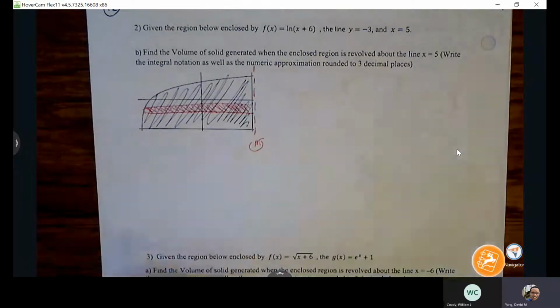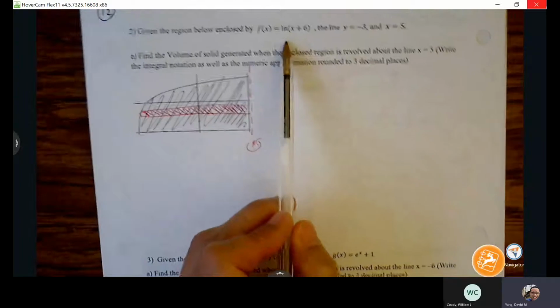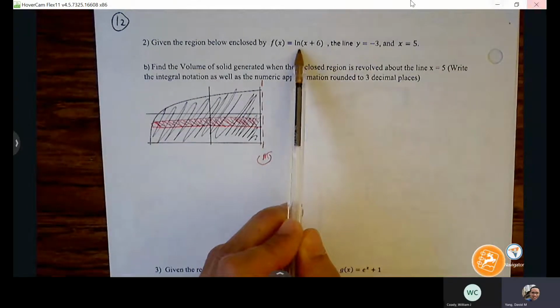Anytime you see a horizontal radius, that's a hint that your equation needs to be rewritten. These equations are built for top minus bottom, not right minus left.